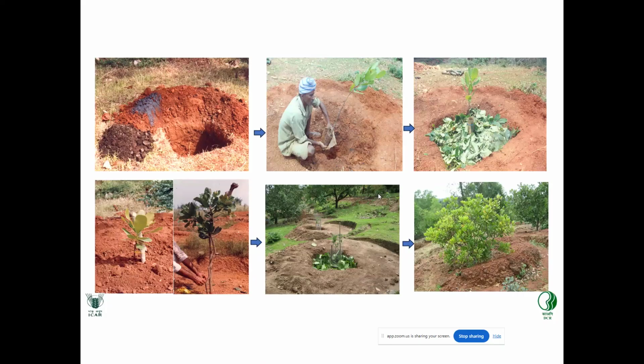Mainly for quality planting material, only the grafted plants are preferable, and they should be purchased from authentic sources, because some of the nurseries can sell seedling-originated plants also, they can bluff it. That's why when you're selecting planting material, please depend upon authentic nurseries or research organizations.